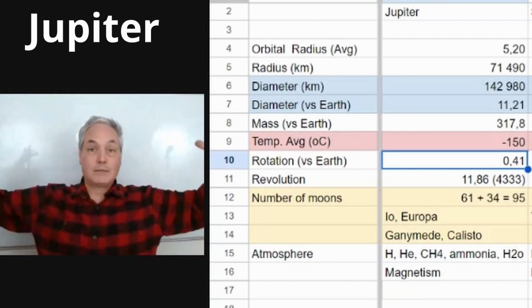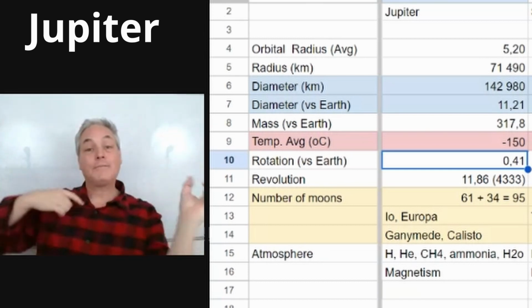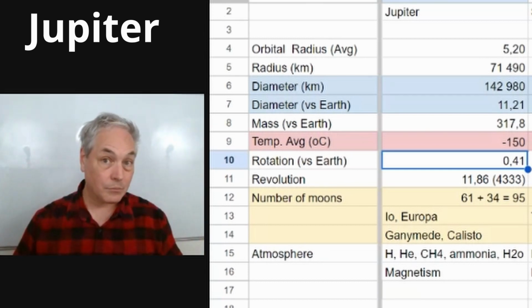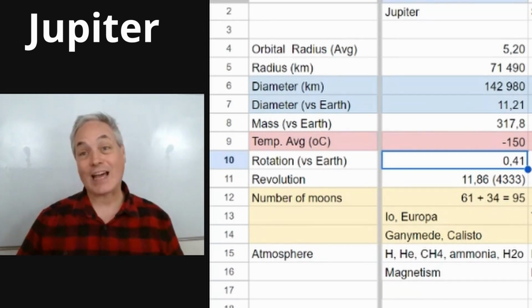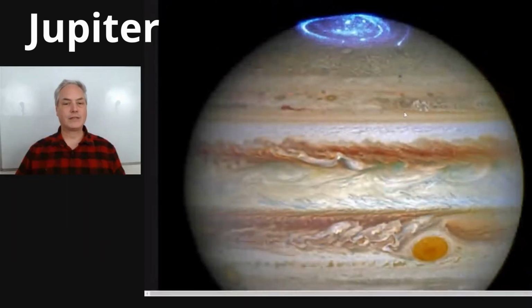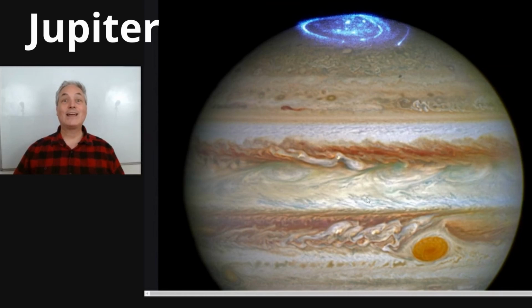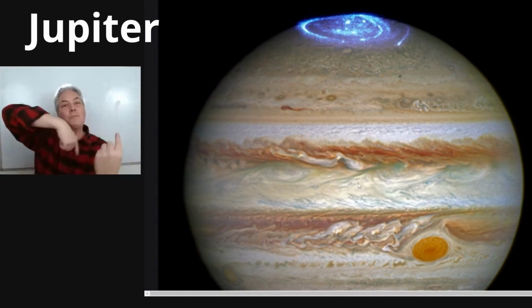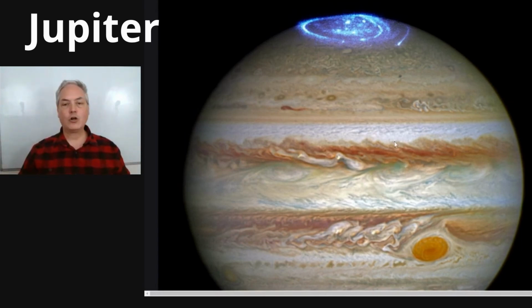It's a humongous planet and it's turning more than twice as fast as our Earth. And the consequence of that is that we have so much activity in the atmosphere of Jupiter. It's a gaseous planet, and it's spinning so fast that it's creating all these storms all the time.